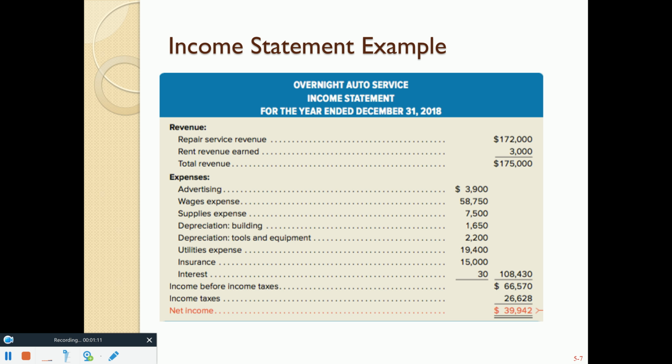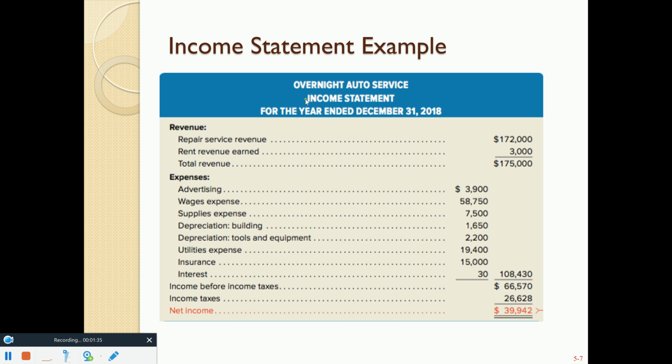So the income statement, just a few things to point out here. The income statement is for a period of time. It's got a begin date and an end date. So whenever you prepare financial statements, just so we get an idea of how this looks, it starts out with 3 rows. The first row is the name of the company, and in this case we're dealing with Overnight Auto Service.